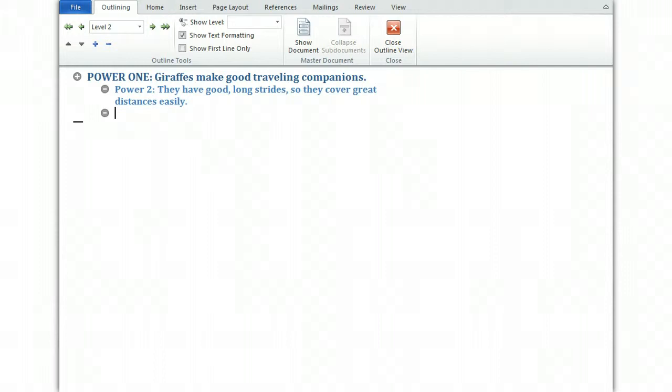Let's say when a person is driving, a companion giraffe can spot parking spaces a long, long way off in busy cities.